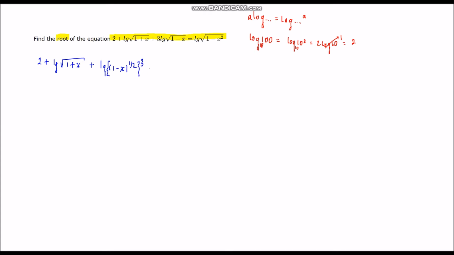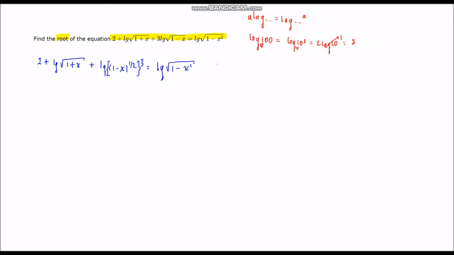And then equal to log of root 1 minus x squared. Sorry, this looks unclear. Let me redraw this bracket, curly brackets.